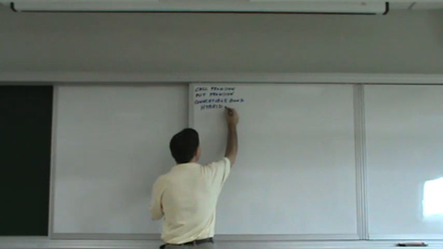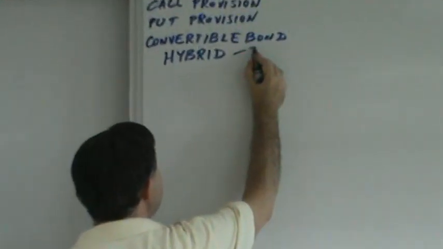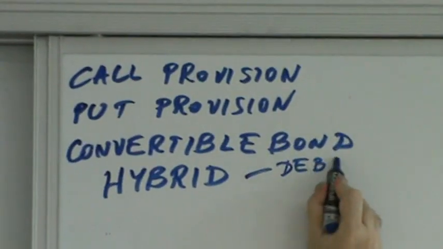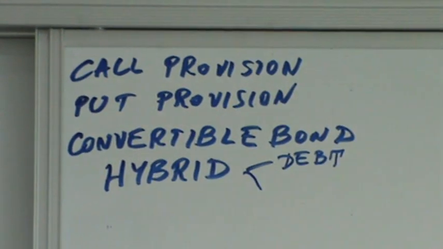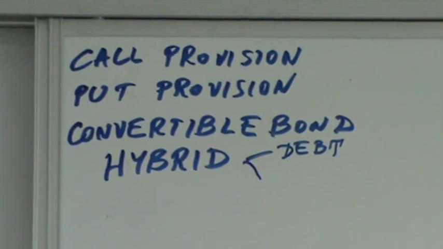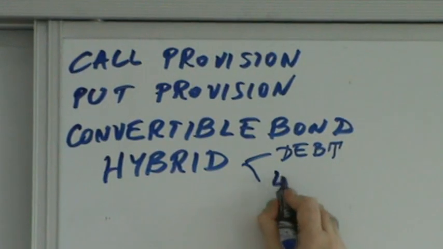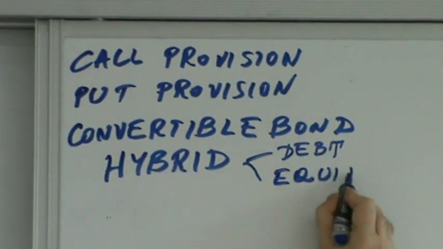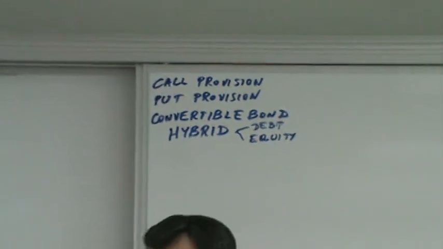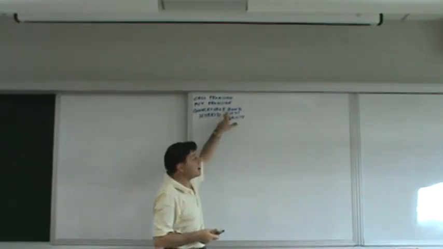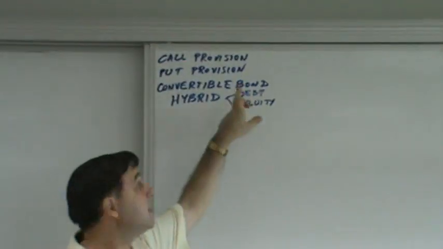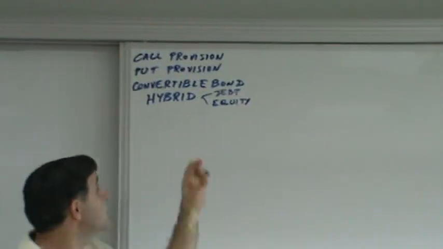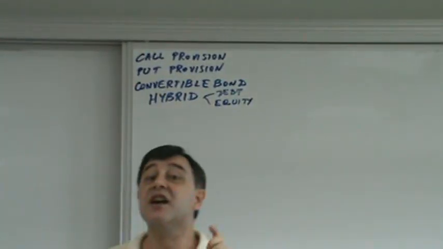So every hybrid instrument has debt characteristics and equity characteristics. The debt characteristic is the bond part. The equity characteristic is the convertible.